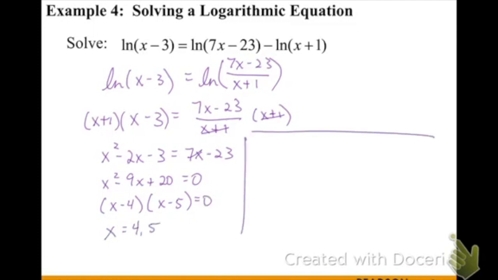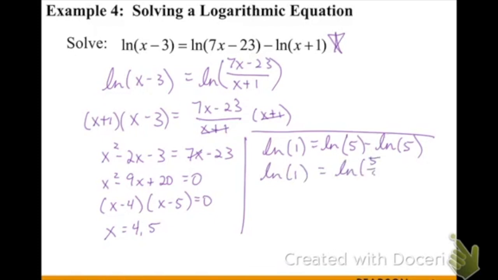So I need to go back up to the original log equation and plug those in one at a time. I get the natural log of 4 minus 3, which is 1, equals the natural log of 5 when I plug in 4, minus the natural log of 5. On the right side of the equation, when I condense, I get the natural log of 5 over 5, or 1, and that equals the left side, so that checks.